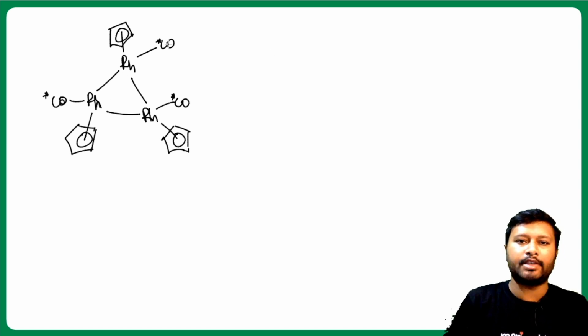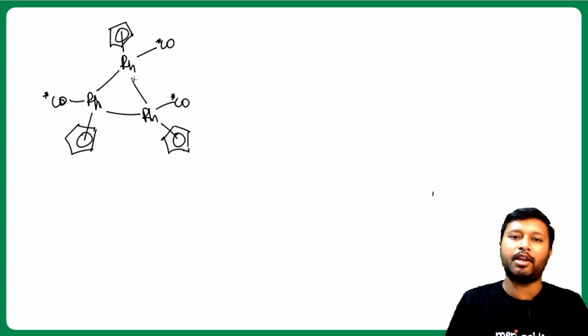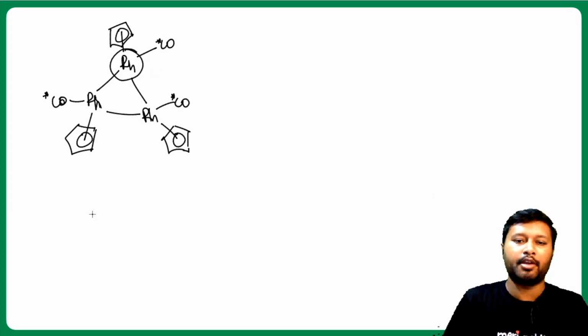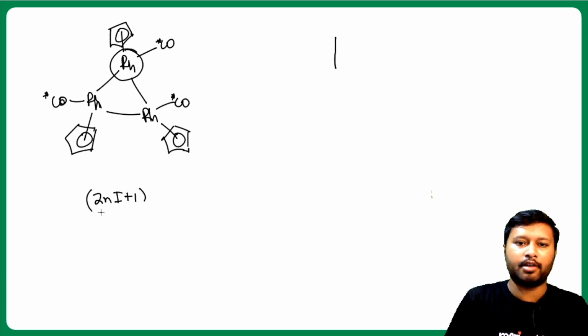Now all of them are equivalent because their chemical environment is the same, but in how many lines are they going to split? Who is going to split them? The one metal is going to split them, and the single line from the labeled carbon is going to split according to 2nI plus 1. Your n value is 1 because there is just one metal attached, the I value is half, and plus 1.